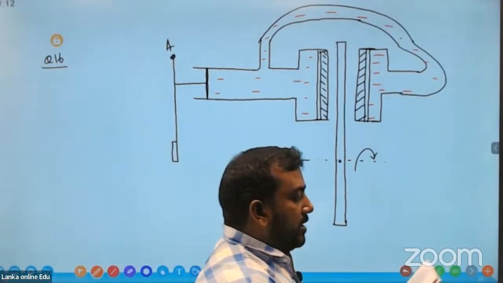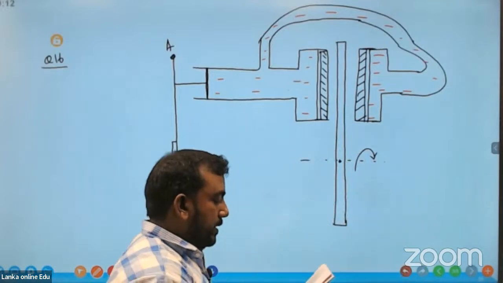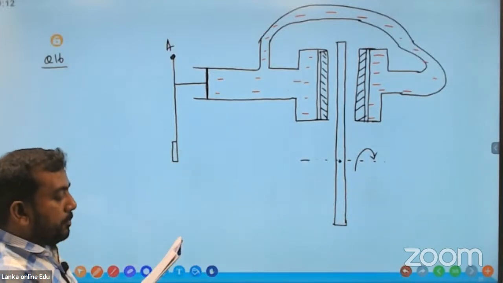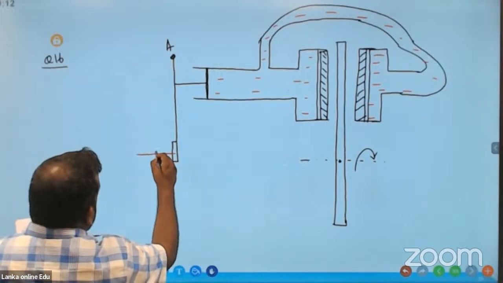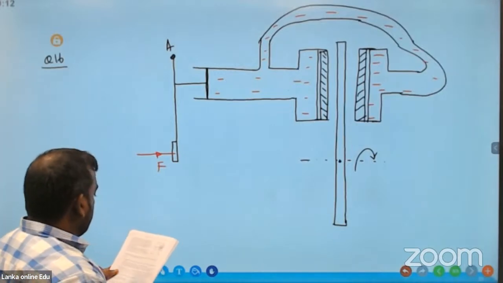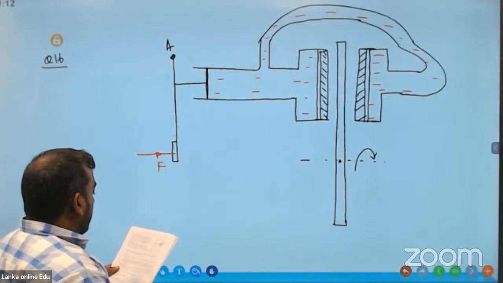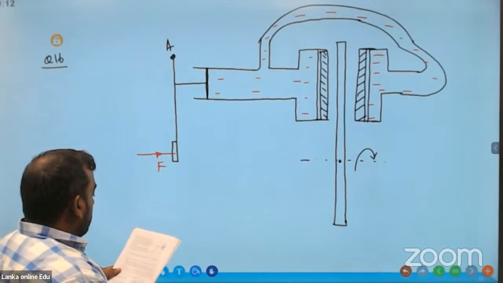Figure shows a hydraulic braking system which could be used to stop a rotating wheel. A force F is applied perpendicular to the brake pedal, which rotates freely about a fixed axis A perpendicular to the plane of the paper as shown.